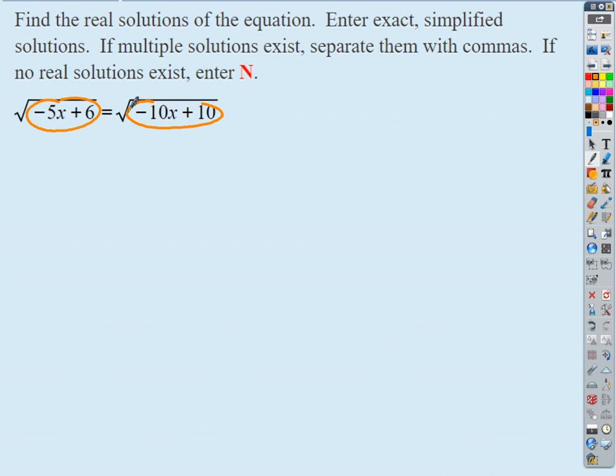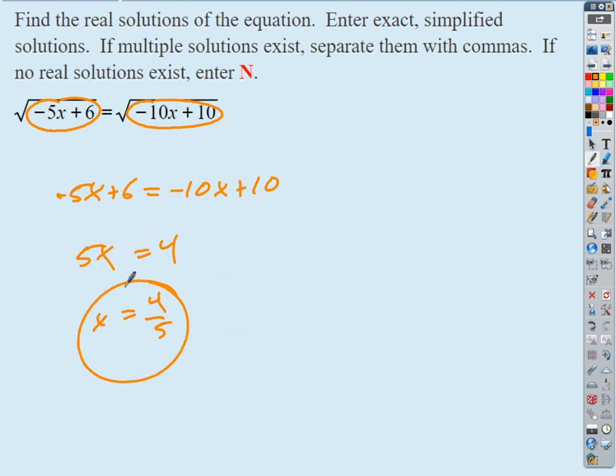So by either squaring or not, I'm going to get negative 5x plus 6 equals negative 10x plus 10. Let's add the 10x to this side, so I get a 5x. Let's subtract the 6 from this side, so I get a 4. I divide by 5. So 4/5 is my answer.